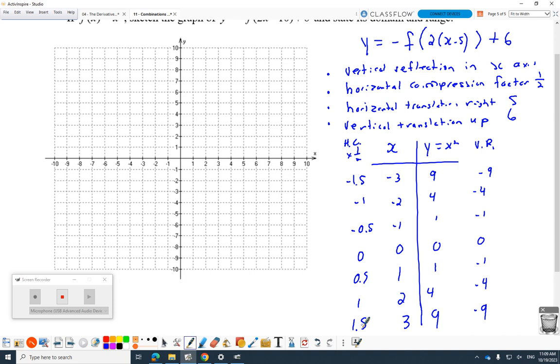Right 5, that's over here. Right 5 would be adding 5 to these. Maybe you need your calculator. I don't know, I can do it in my head. And then finally up 6.